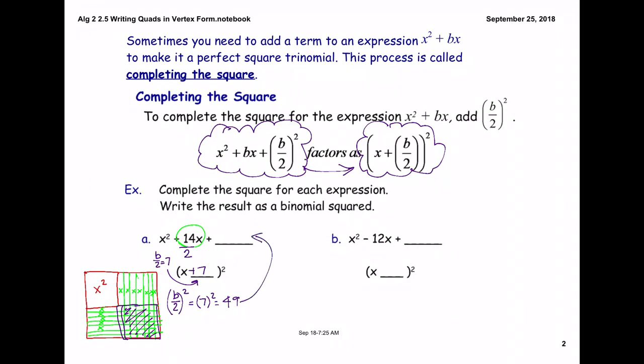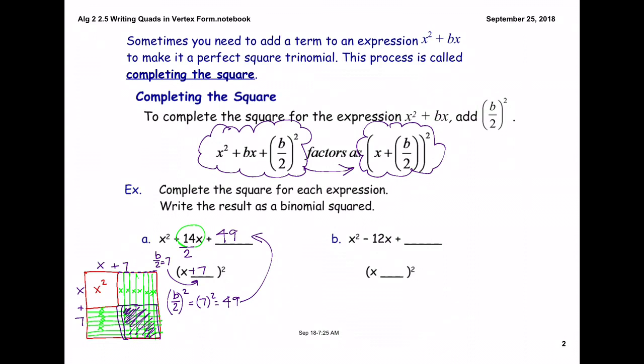So we need 49 unit tiles in order to create this perfect square trinomial with the dimensions x plus 7, because we have 7 1-unit spaces right here, and x plus 7.